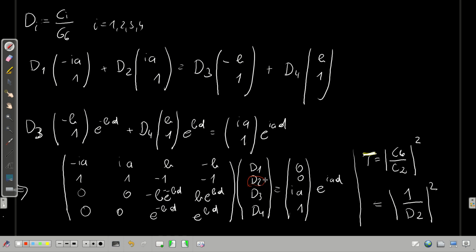And as already set up in the last video, we can just solve this matrix vector equation and obtain this vector here containing the D constants.